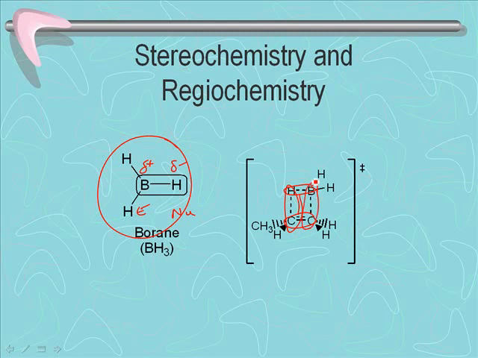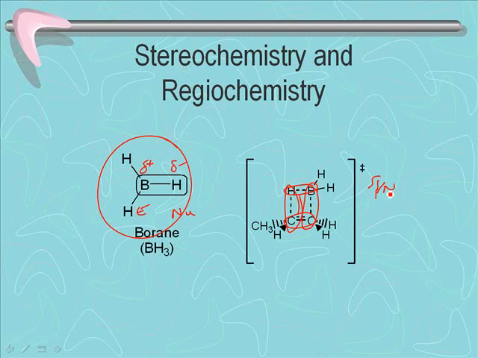And so this image here is a depiction of what the transition state might look like, with partially broken and partially formed bonds. So it's pretty clear from this that that little tiny boron-hydrogen bond cannot reach to the opposite face of the alkene to put the hydrogen and boron on opposite faces. They must be syn to one another.